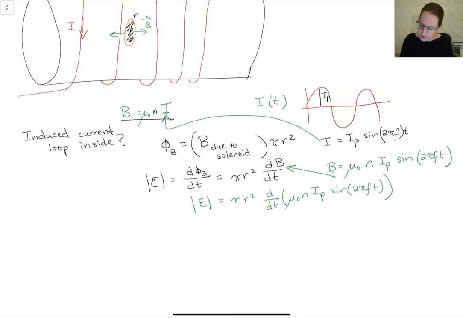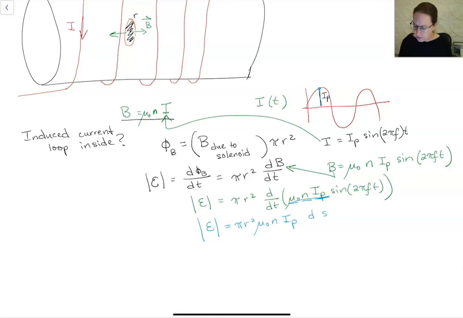So in my derivative, my mu naught, my number of loops per meter, and my peak current, because that's whatever this maximum is, are all constants. So those can come out. So I'm just taking the derivative of sine. So this becomes pi r squared mu naught n I of the peak. And then I've got to take the derivative of this with respect to t, but that means I've got to do the chain rule, right?